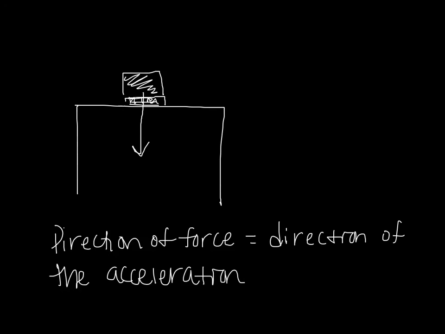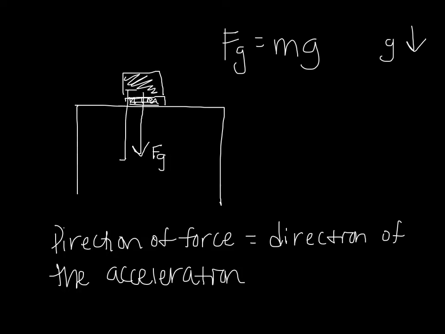And when I'm talking about weight, I remember that the force of gravity is equal to mass times gravity, and I know that gravity acts in the downward direction. So this arrow would have a magnitude of this long, which would represent how heavy the object is numerically, and has a direction which is represented by this arrow point.